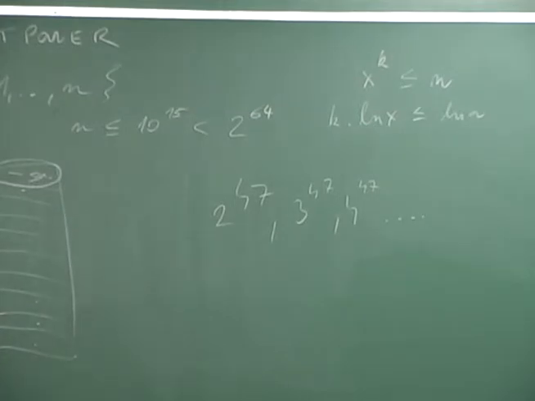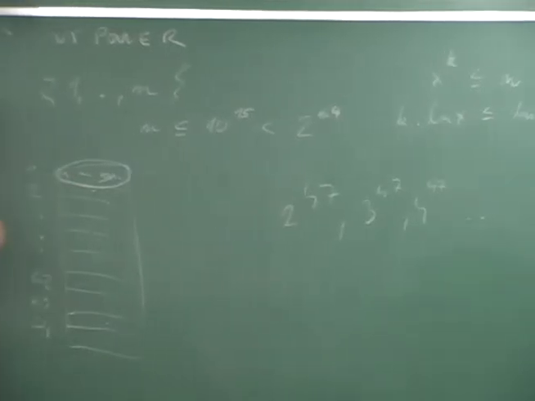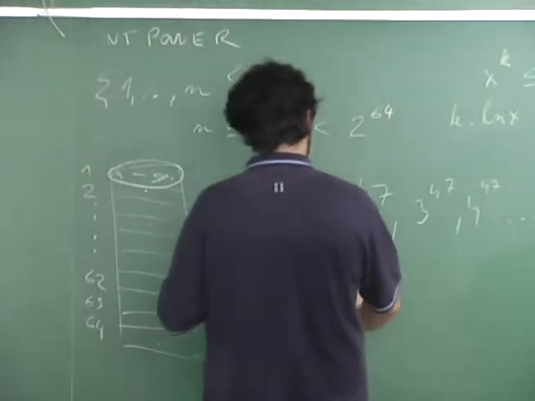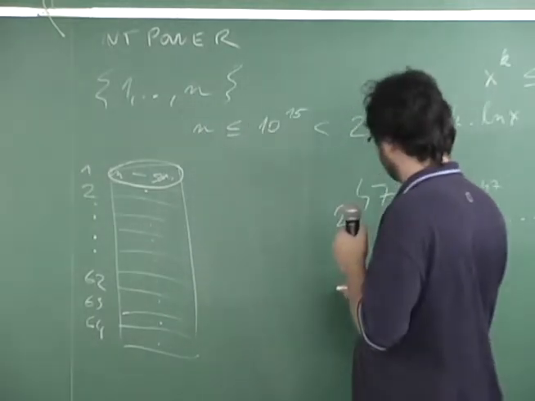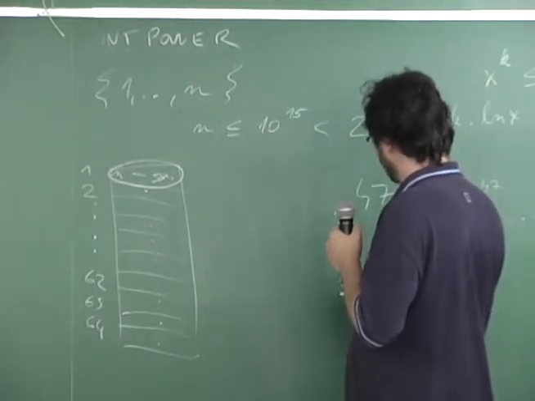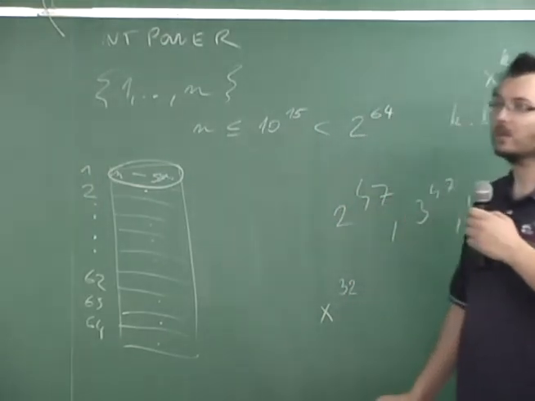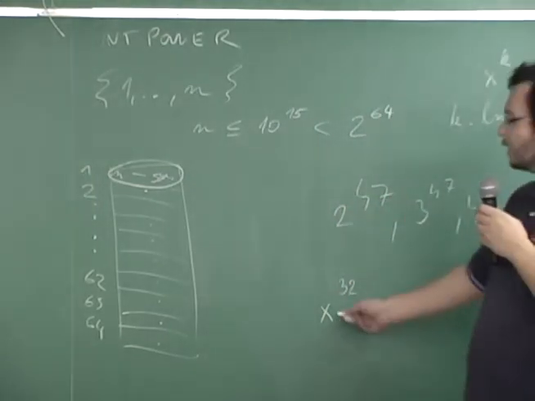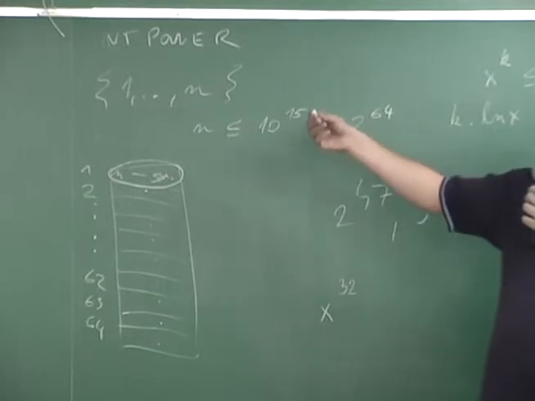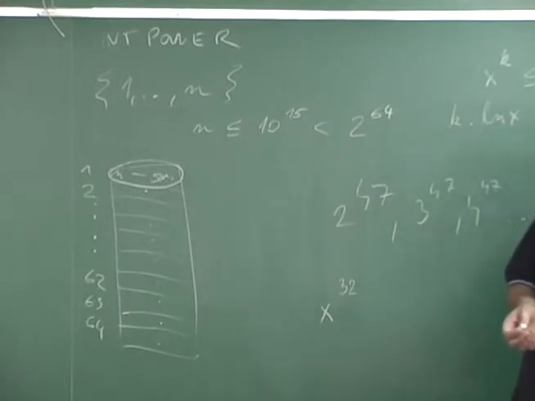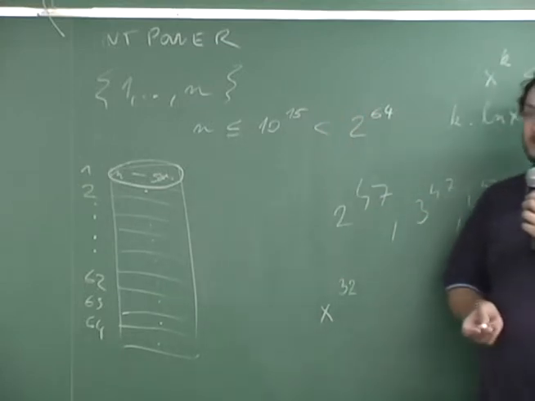So the only thing that remains is to avoid double counting. This could actually happen because, for example, if we count some number to the 32, then we don't want to count the same number as having power 16.